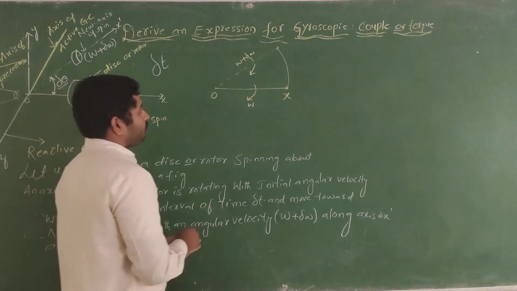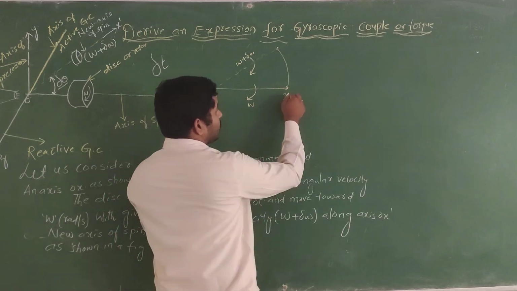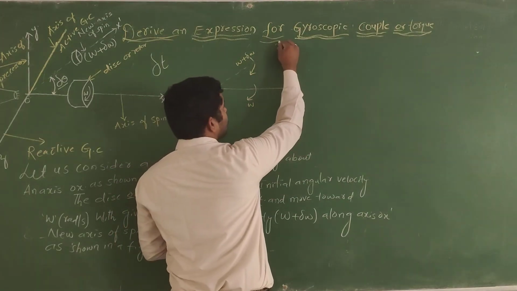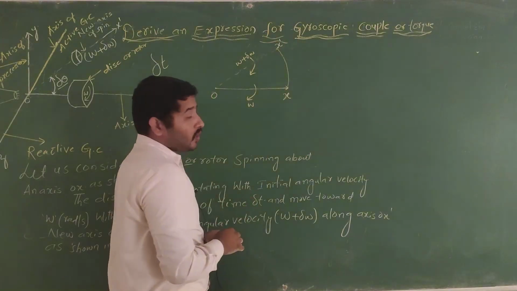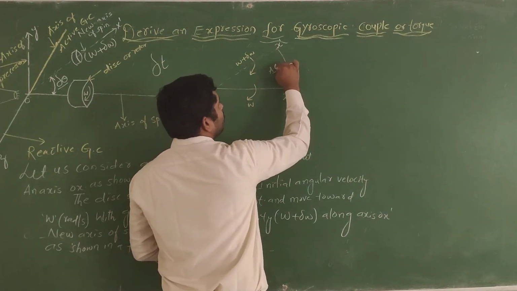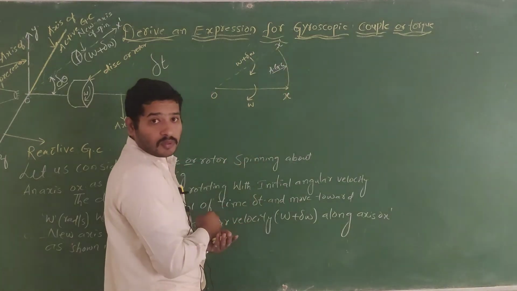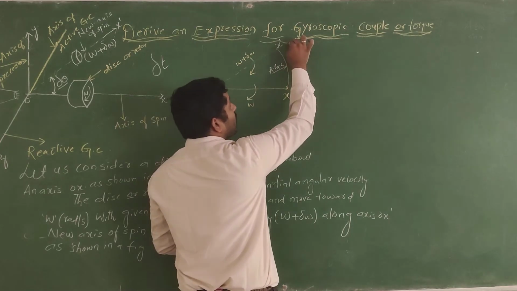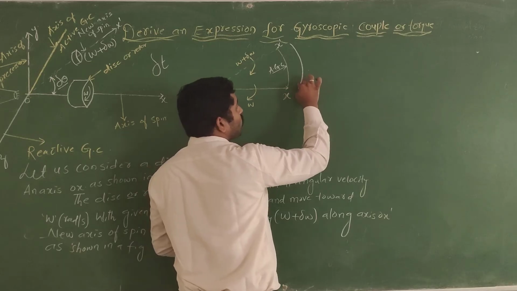Okay dear, this is X and this one we can call X dash. X to X dash we can call the active gyroscopic couple. The reactive gyroscopic couple always acts in the opposite direction.